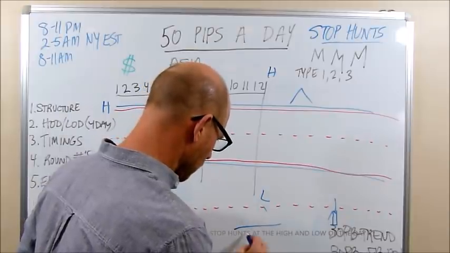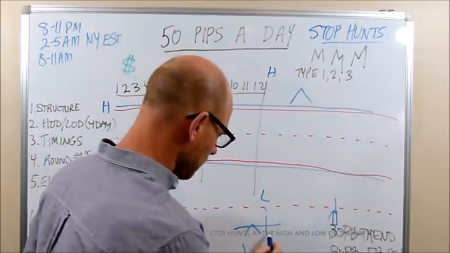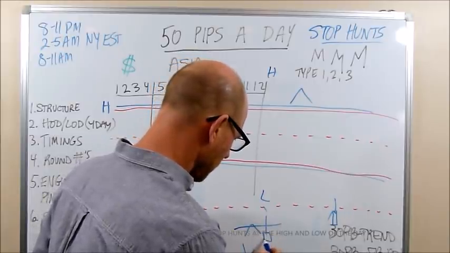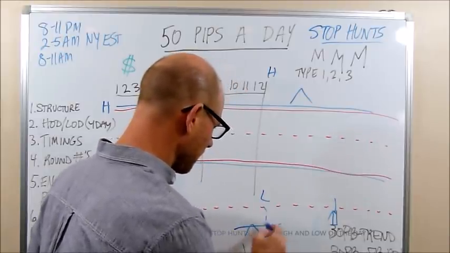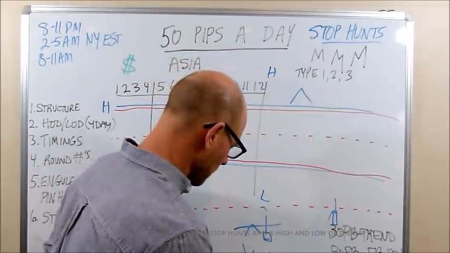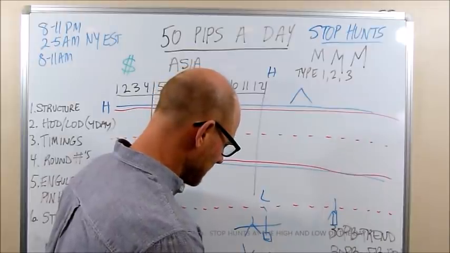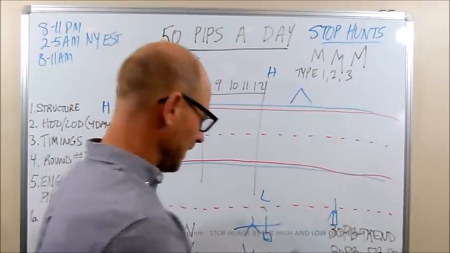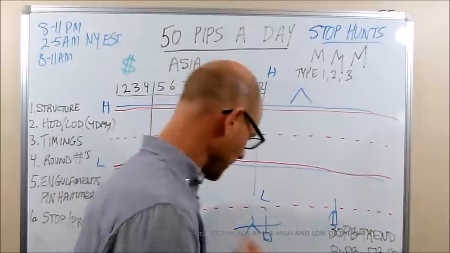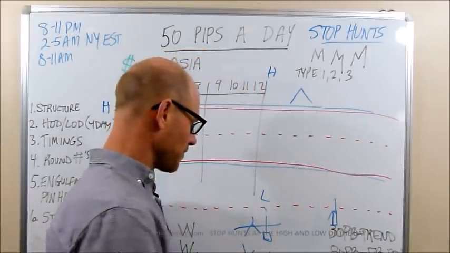If you have a low or if you have a high, you'll see a tail go up through with a bar that closes back inside on the second leg. And the same goes for the downside. So we may have a low in place and it may have even had a pin there. That second pin is the stop hunt into the trader who's the first mouse getting back for the reversal.